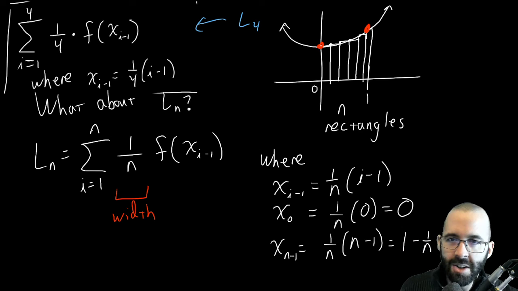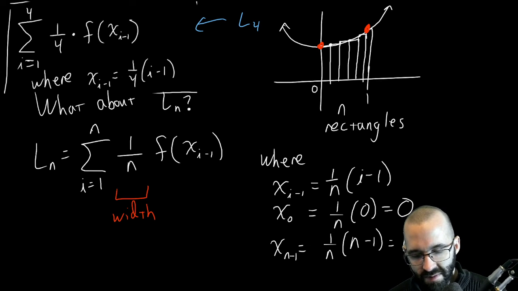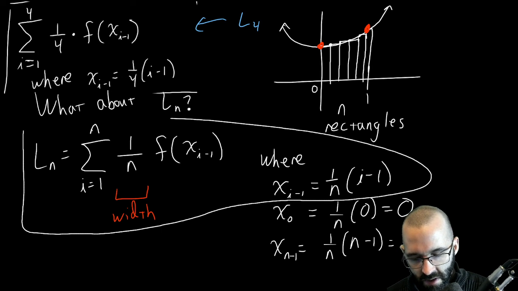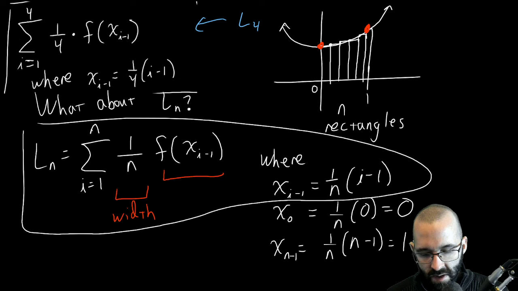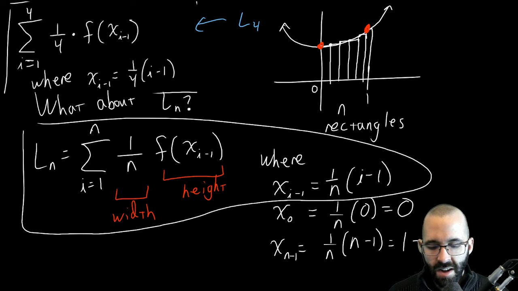But we're one rectangle away. And each rectangle has length 1 over n. So we just found the approximation for the area using n rectangles with their height determined by the function on the left.